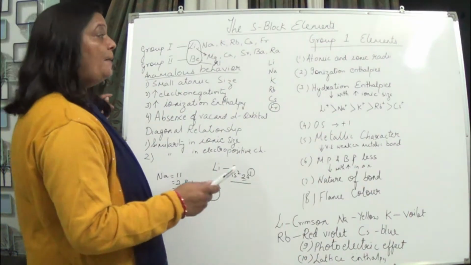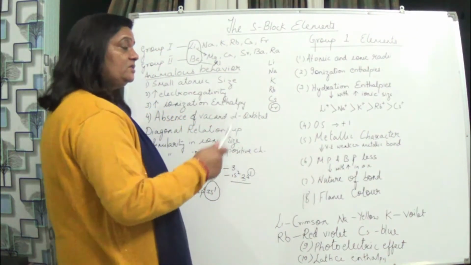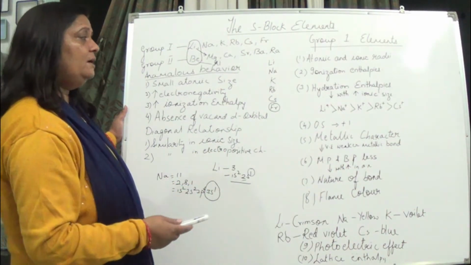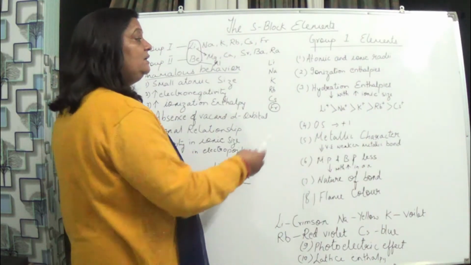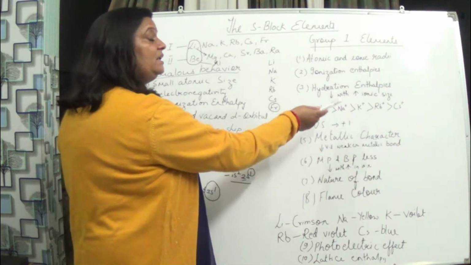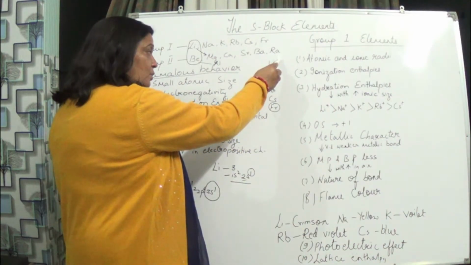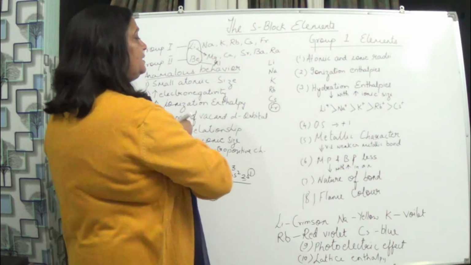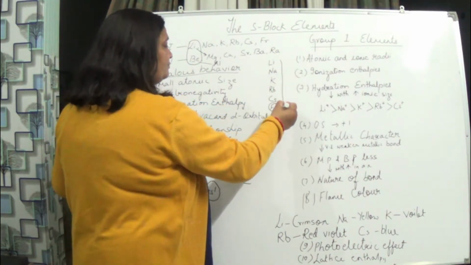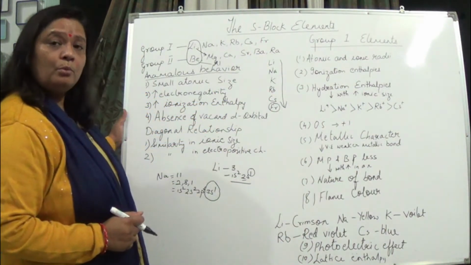Now, coming to hydration enthalpies, this hydration enthalpy decreases with the increase in atomic size or ionic size. It goes on decreasing as we move from lithium down the group 1.